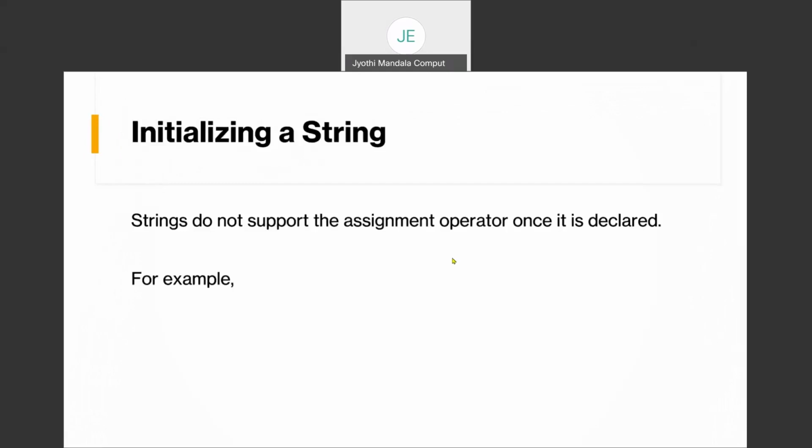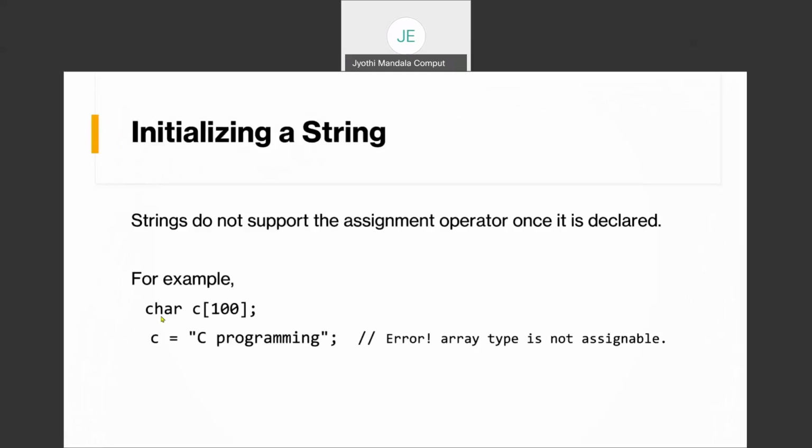What I mean by that is, see here, I have declared a character array which will be capable of holding 100 values. So this is one statement, the declaration of C, and in the next statement, I'm writing C equal to "C programming" like this. This is not at all acceptable. Why? Because the assignment operator is not supported once the declaration is done.